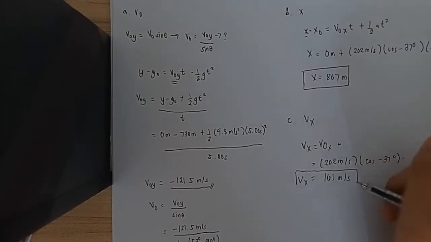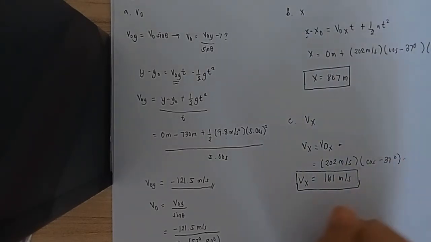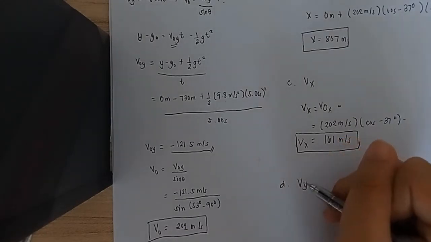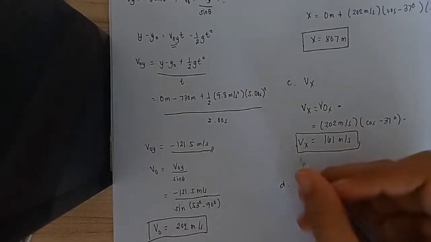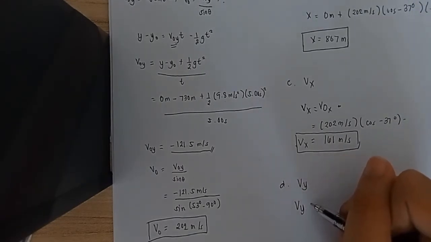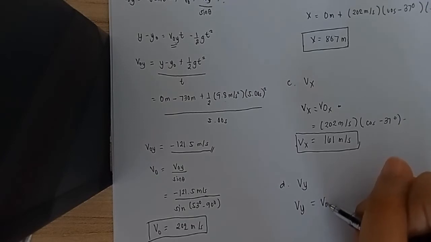That will be our horizontal component, while the vertical component, which is Vy, is equal to Voy minus Gt.